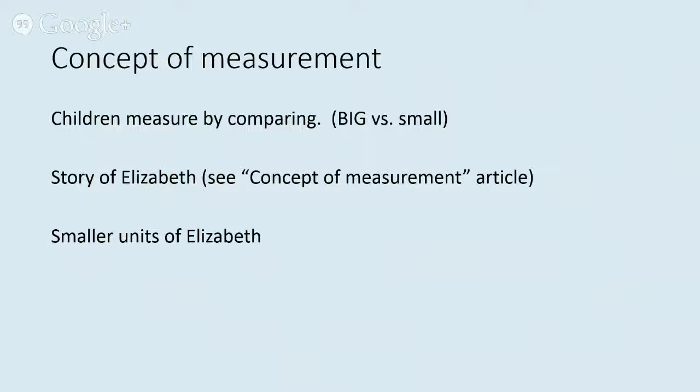So what the mother did was she took a piece of perspex and measured out 19 inches of perspex. The baby's name was Elizabeth. So she said that that length of perspex represented one measurement of Elizabeth. So that was one Elizabeth.